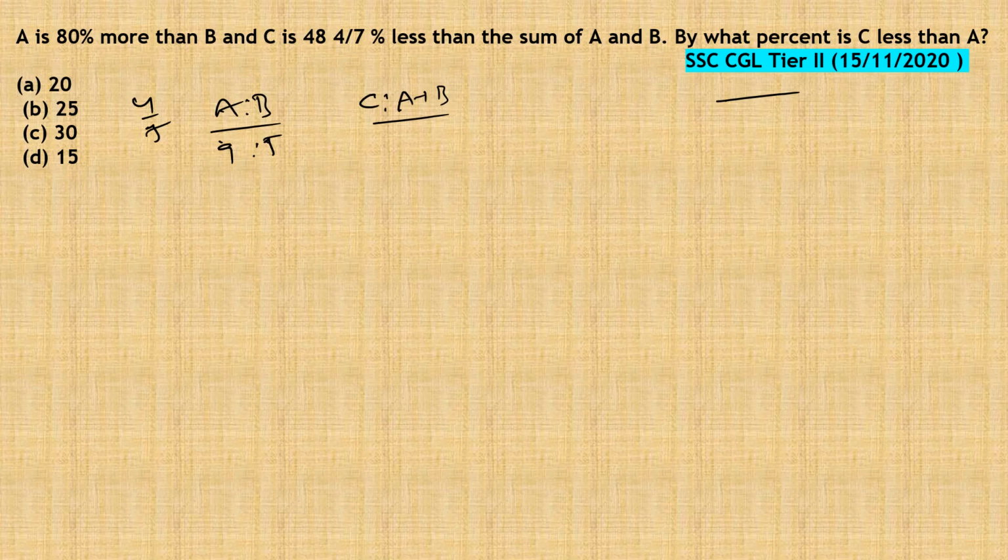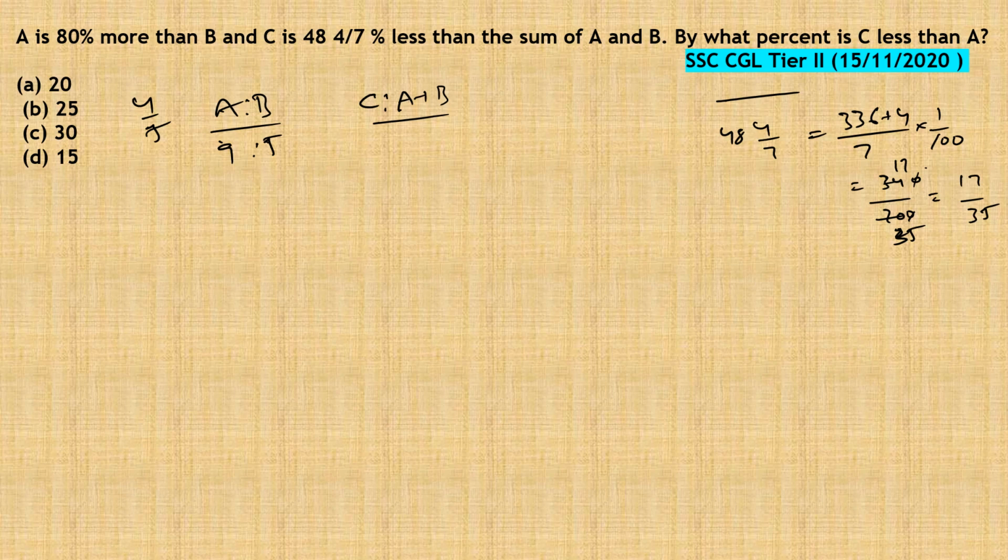48 4 by 7 in the fraction form is 340 by 7. Or you can do 5 7s are 35, 350 minus 14, 7 2s are 14, that is 336. 336 plus 4 divided by 7, that is the percentage into 1 by 100. 340 divided by 700 equals 17 by 35. 17 by 35 is the ratio.